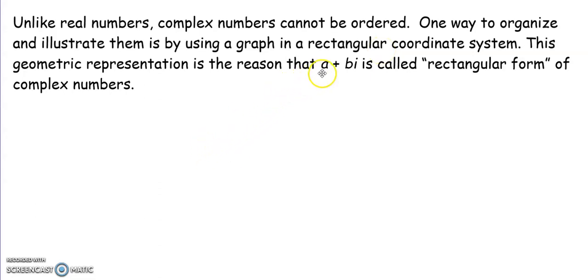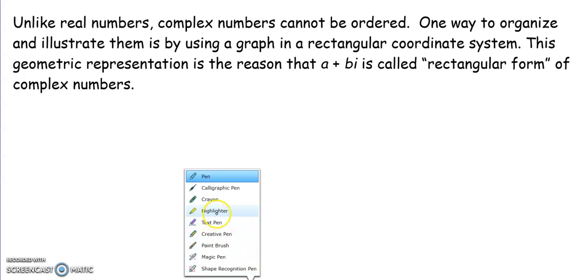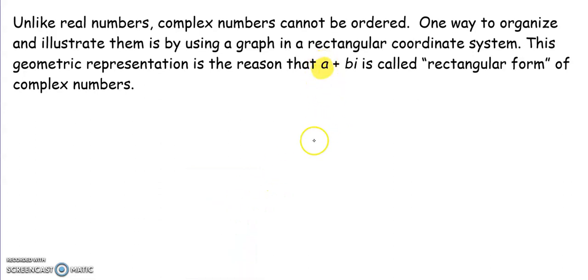We are going to do a plus bi in our rectangular form, where we focus on a, which is my real portion, and b, which is my imaginary portion. So remember, a is the real value, and b is my imaginary value.